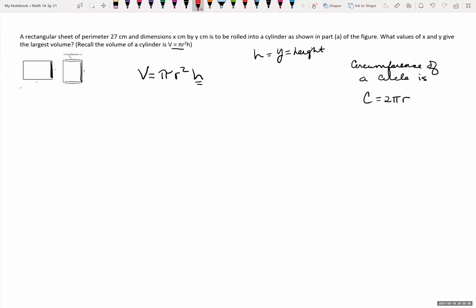But that circumference, that's just this top piece here. And once I put it around, this is just that length of x. So we know x is equal to 2 pi r. So we can solve for r by dividing both sides by 2 pi, and we get r is equal to x over 2 pi.